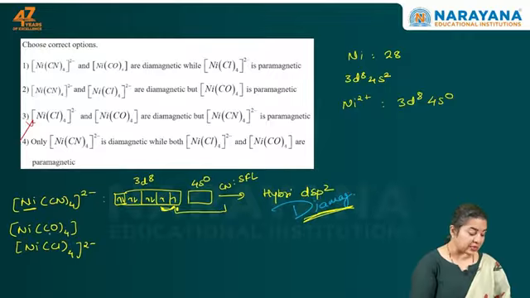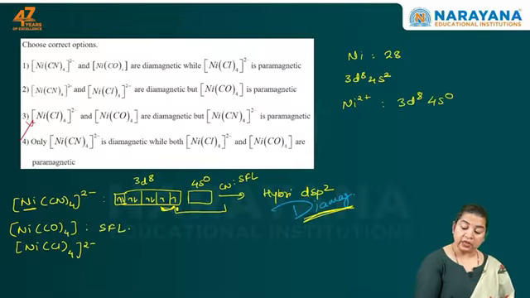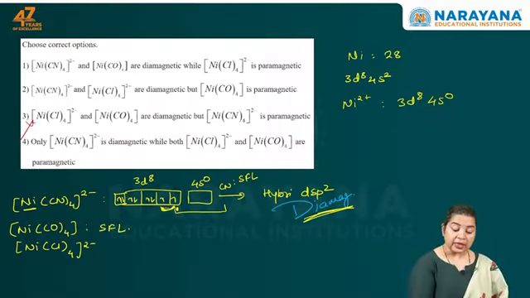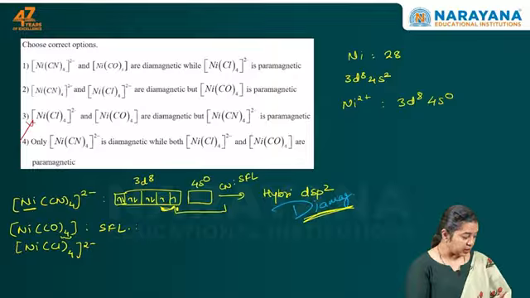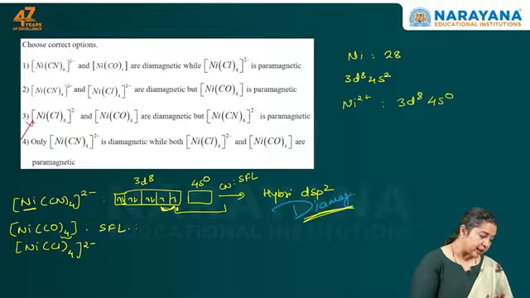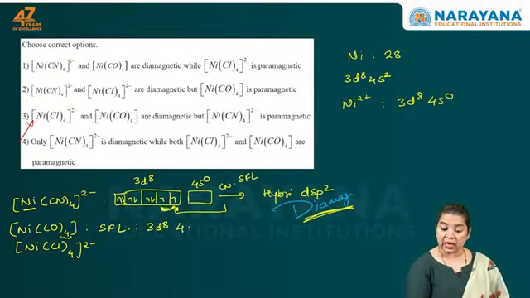Let us move to the carbonyl, carbon monoxide. Again, CO is a strong field ligand, just like cyanide, and 4 is the coordination number. The oxidation state is of course 0, so this time I have to go for 3d8 4s2.